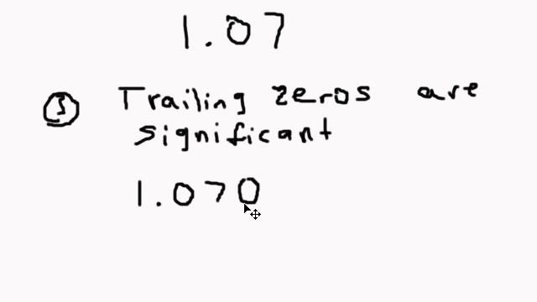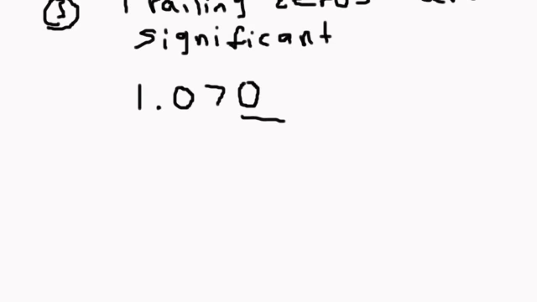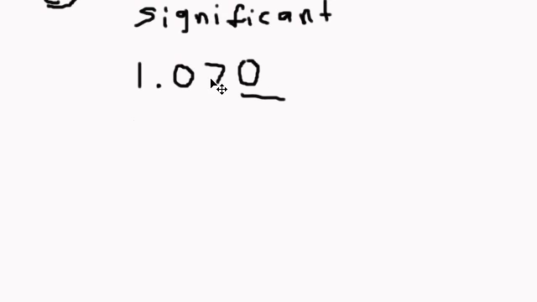This is a trailing 0. So zeros after the decimal are significant. This is what's called a trailing 0. So let's go back to this. In this example, the 1, the 0, the 7, and also this 0 are all significant. So this number has a total of 4 significant figures.